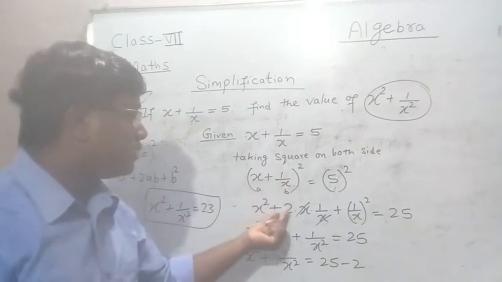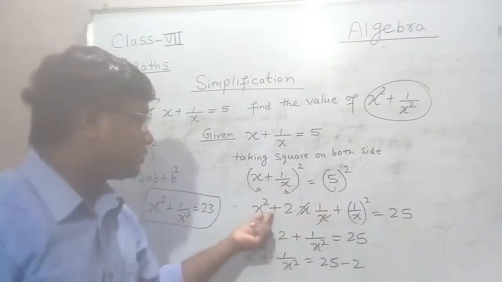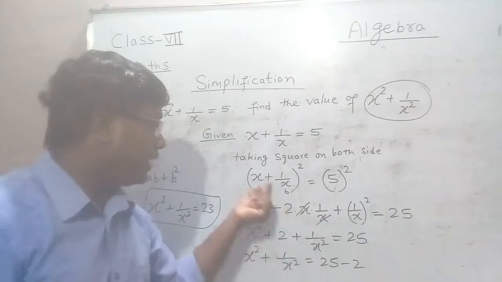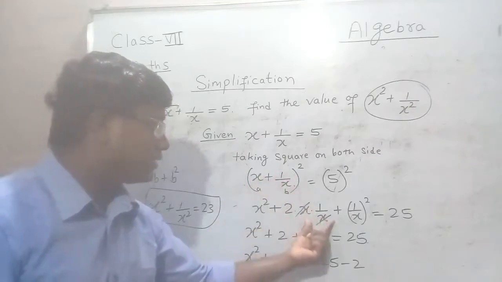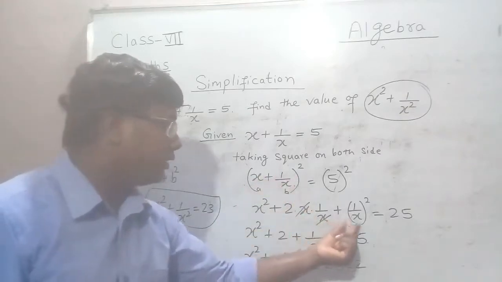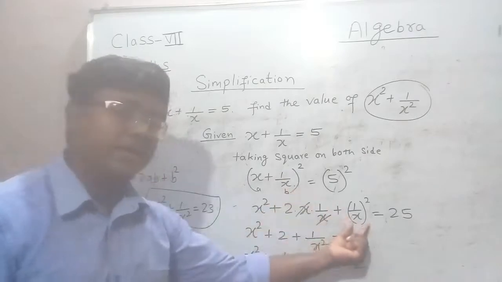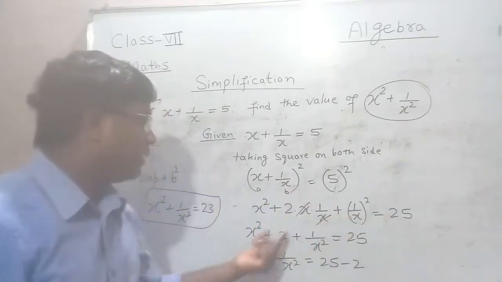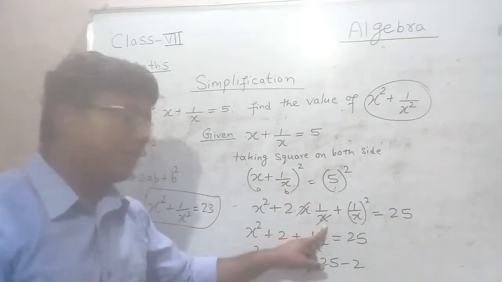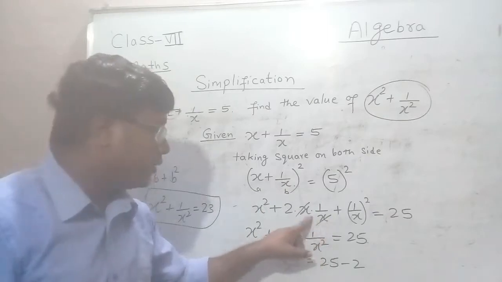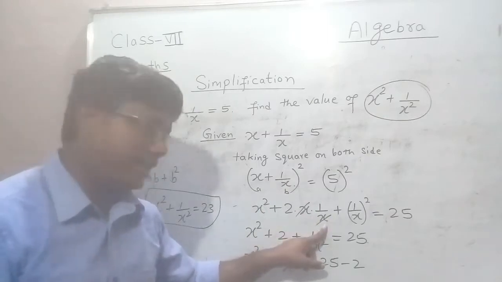So that is x square plus 2, a is x, b is 1 upon x, plus b square is 1 upon x whole square, is equal to 25. After that, we cancel x and this x because they are the same term in the numerator and denominator.